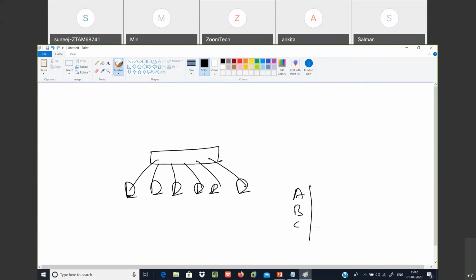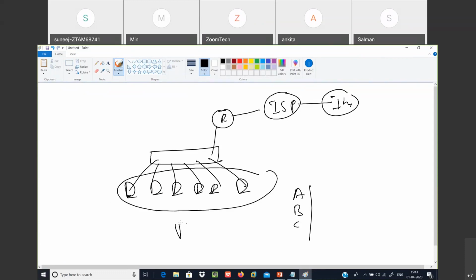From A, B, C, you can use private IP or public IP, no problem at all, as long as the conditions are the same. The thing is, when these users need the internet, what do we connect for internet access? Router. Router to what? ISP. ISP to what? Internet, right? So when it happens like this, in the LAN you have to use private IP only.